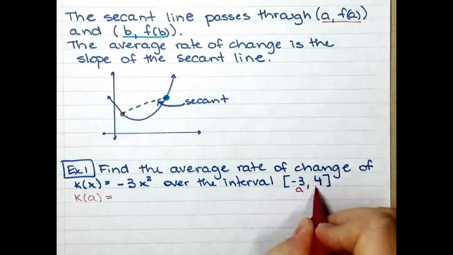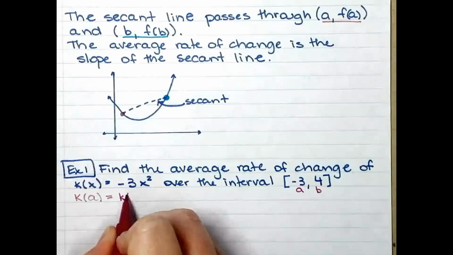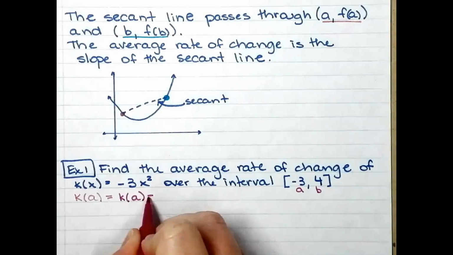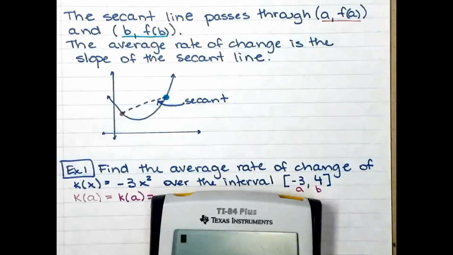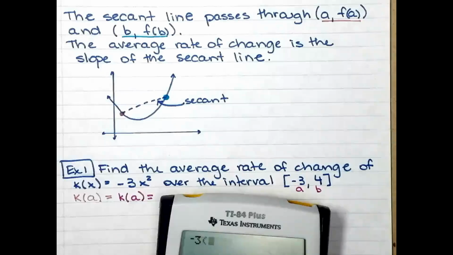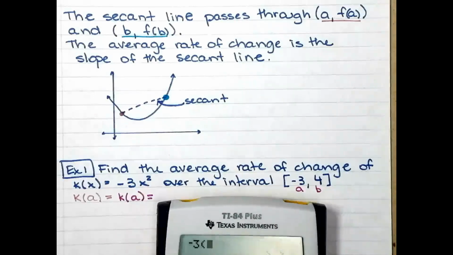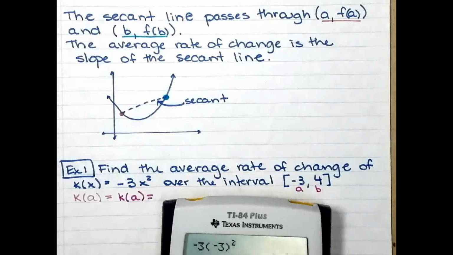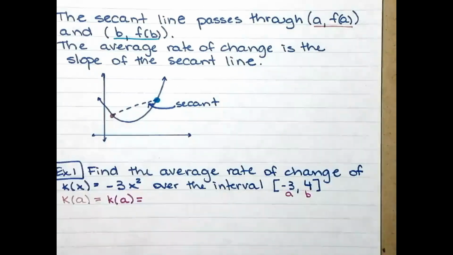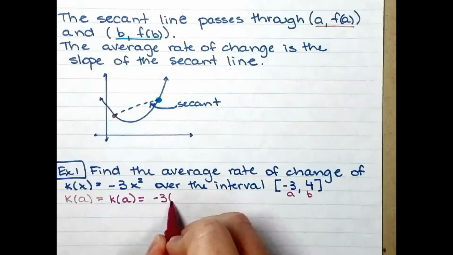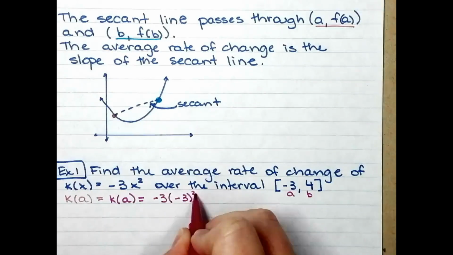This is A, this is B. So I'm going to find k of a, and I'll just plug it in the calculator. I'm going to substitute A, which is -3, right there in parentheses, squared. I get that k of a is right there, -27. And just because it's the first time, I'm going to substitute right there on the paper too.